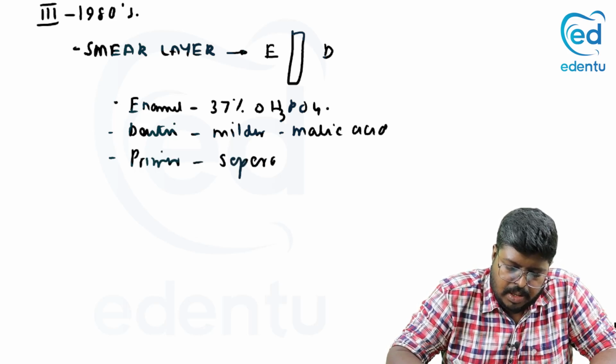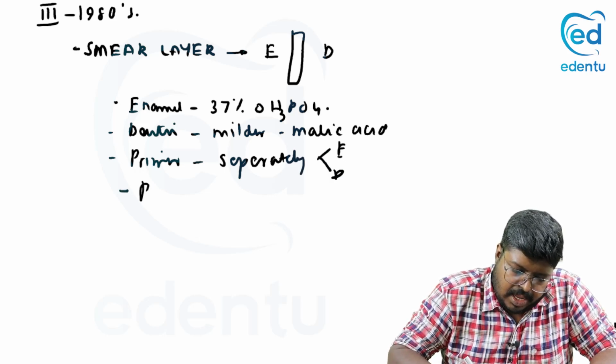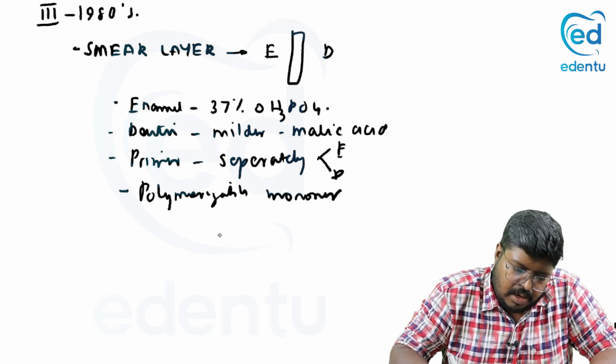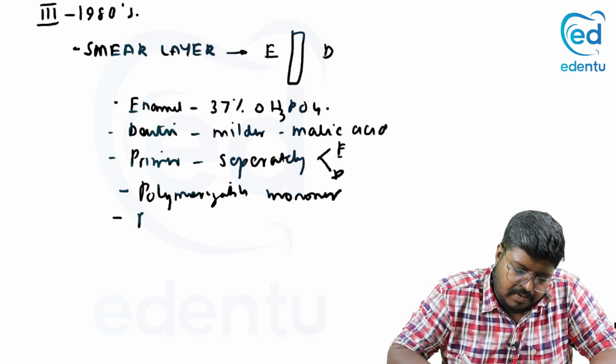You had to apply the primer separately on the enamel and the dentin. Then you had to apply a polymerizable monomer, after which only you could bond the resin.